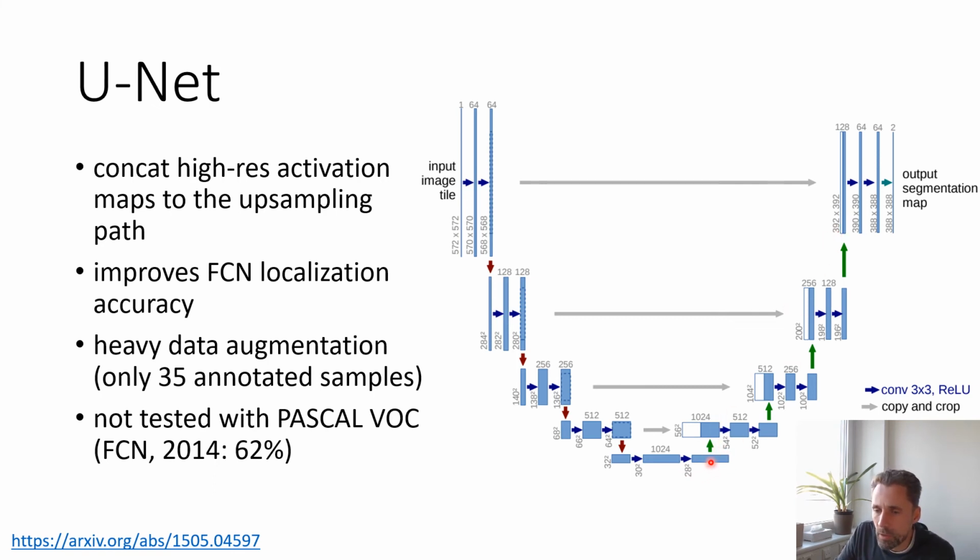So look at those blue boxes here. This deep but small feature map is then upsampled, and then you see that white box here. That is the concatenated feature map of the previous step, right? So the not downsampled version.